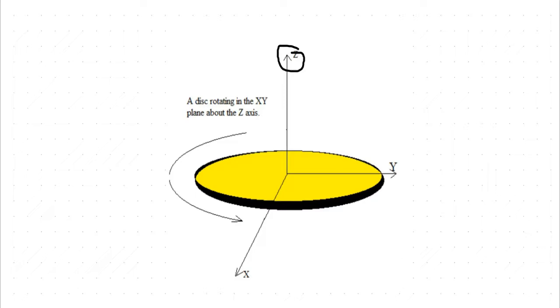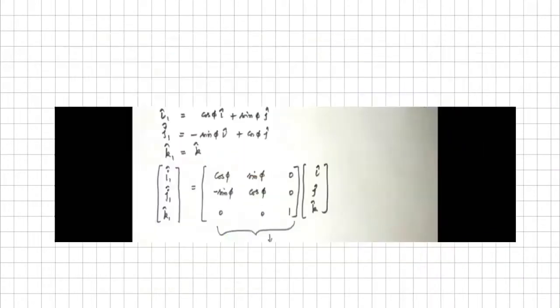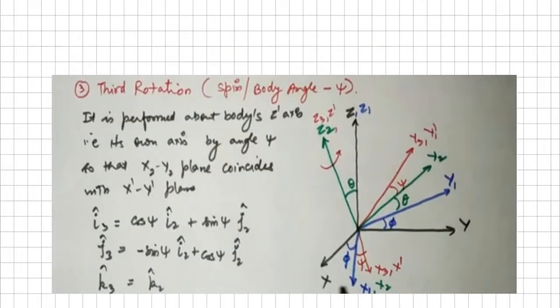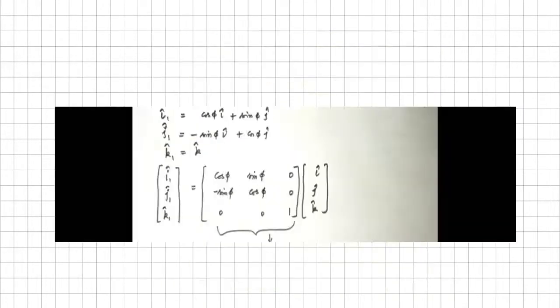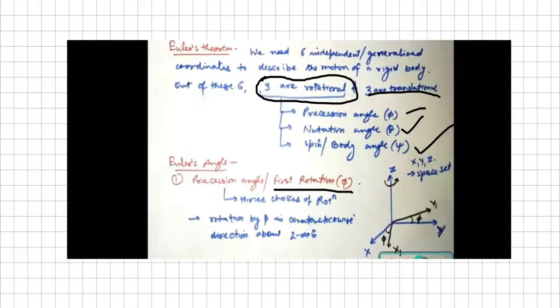So now, getting back to where we were, the precession angle or the first rotation. What we are trying to do is find a transformation in which the xyz axis gets aligned to a body axis, that is the x dash, y dash and z dash, right?